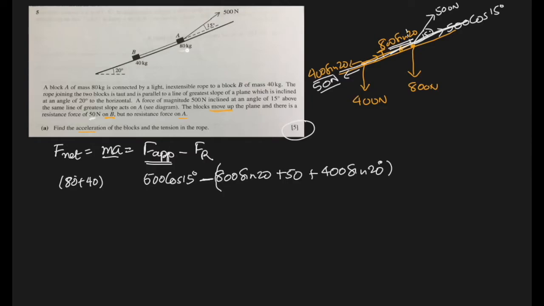Even though the force is on the 80 kg only, it is carrying along the 40 kilogram, and we are treating both of them as one whole system, and tension is ignored because it is part of the system, times acceleration. So simply, if I divide this whole by 120, the 120 and 120 cancel, and we get the acceleration. If we carefully enter everything in our calculator, we will get the acceleration.